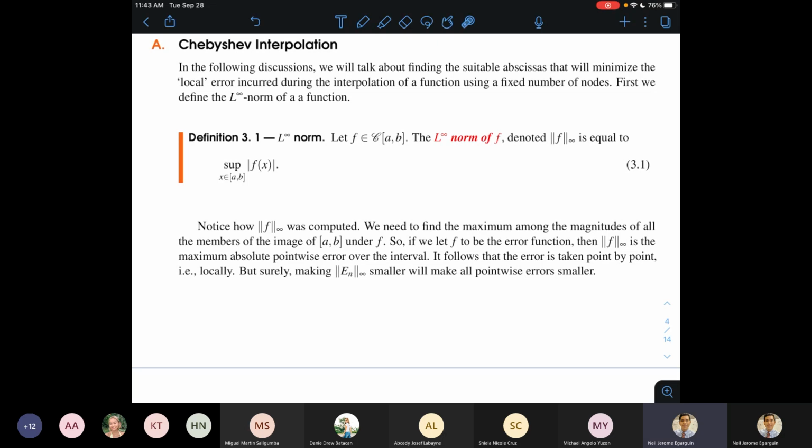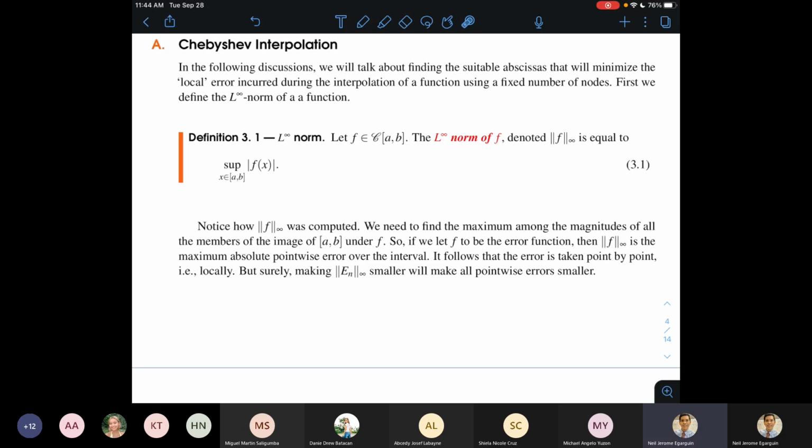Well, as long as your function f is continuous on the closed interval AB, then by the extreme value theorem you learned from Math 36, it will have a maximum on the closed interval AB. And the nice thing is that that maximum value will be attained among one of the x's over that interval. Kaya well-defined yung L infinity norm ng isang continuous function on a closed interval. Kasi laging may nag-exist na maximum on that interval, and that maximum is attained on a number on that interval.